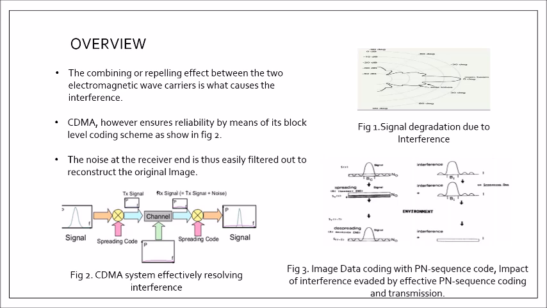CDMA, however, ensures reliability by means of its block level coding scheme shown in figure 2. We can see from the block level system that the noise at the receiver end is easily filtered out, thereby giving us the reconstructed original image.